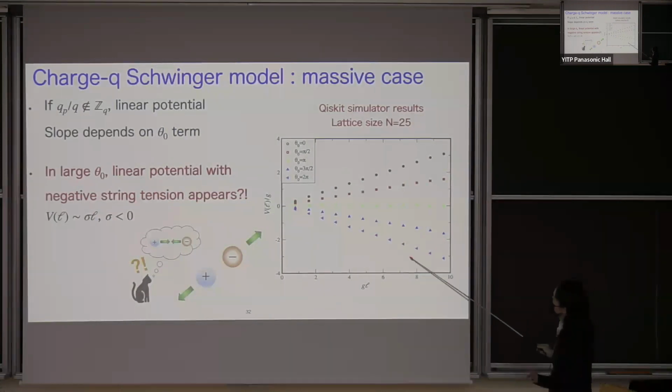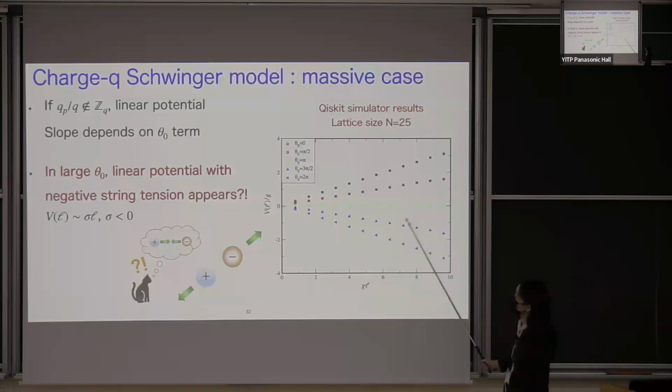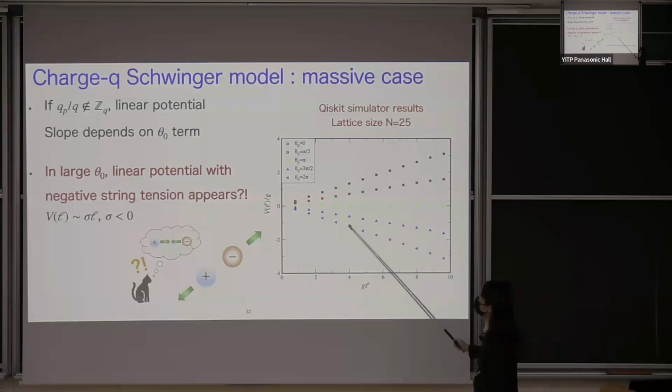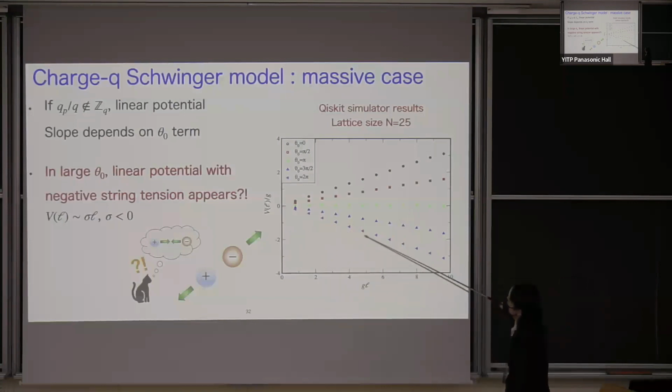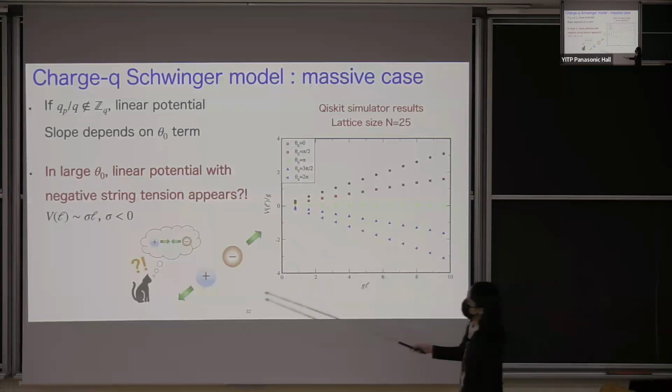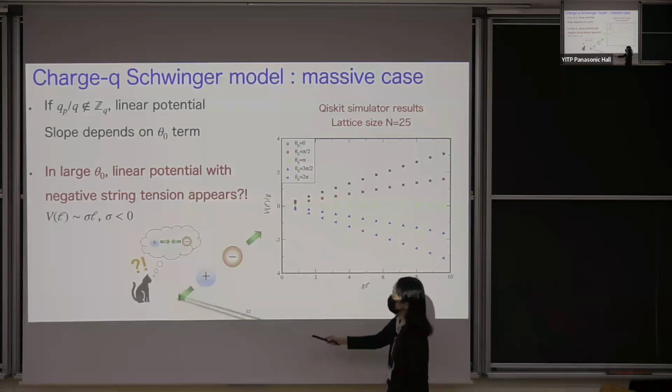First of all, in the large theta region, you see the statistical error does not diverge. So there is no additional difficulty in the large theta region. From this plot, you see that in the large theta region, the linear potential has a negative slope. So a negative string tension appears, and that is why this is surprising.